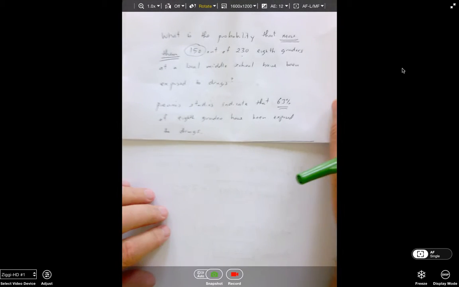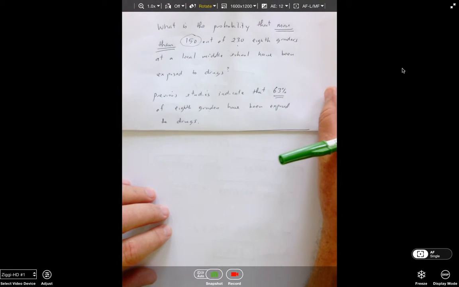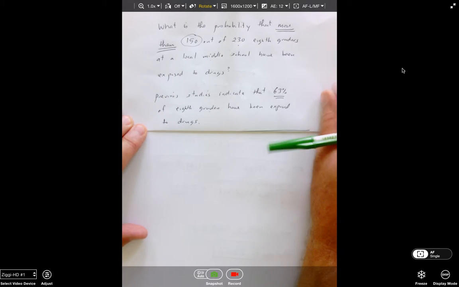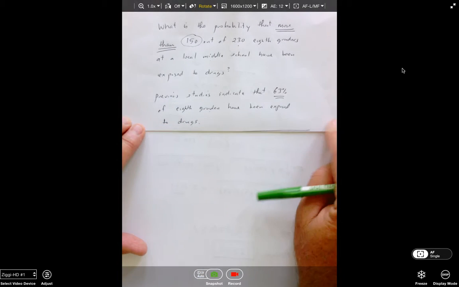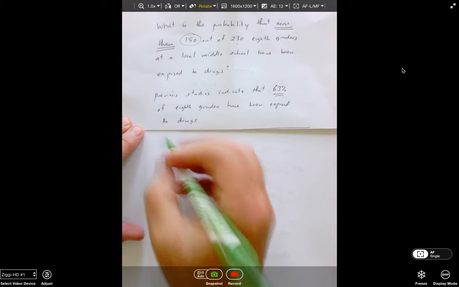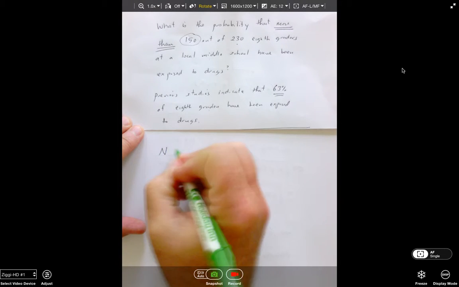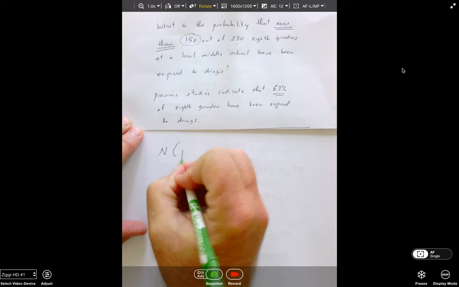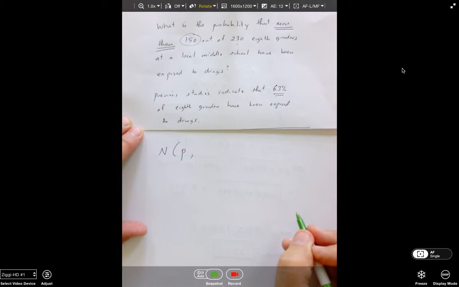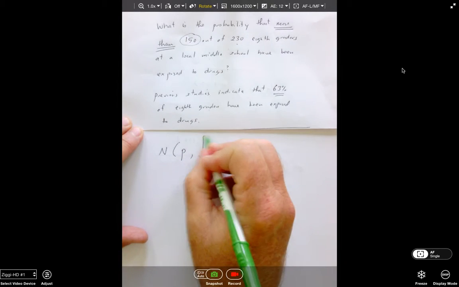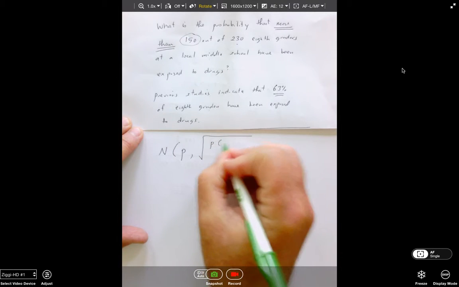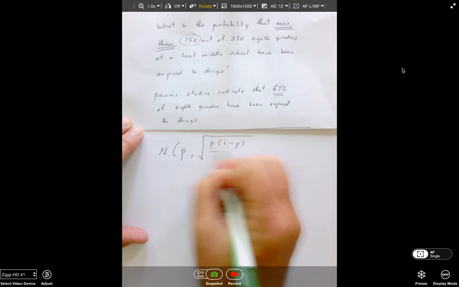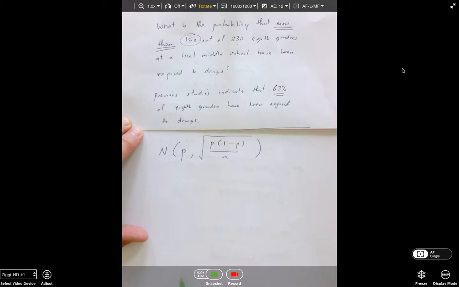Now, another way of doing this, let's get back to this problem right here, is to use a different distribution. And this distribution is still normal, but it has a mean of p and a standard deviation of the square root of p times 1 minus p over n.